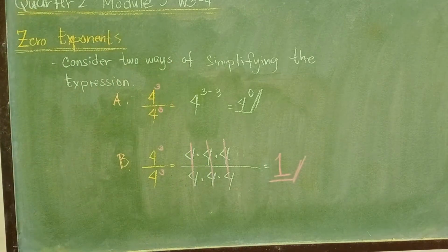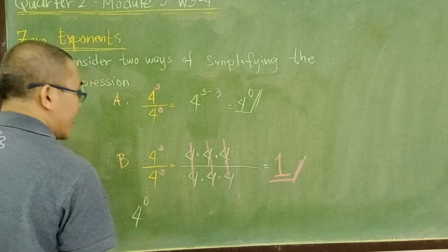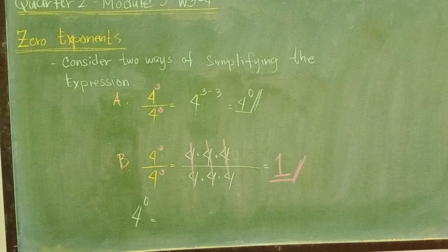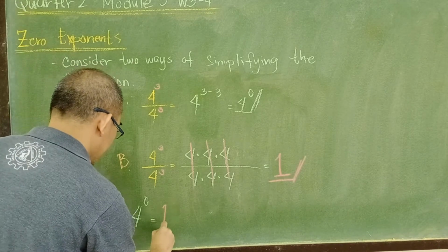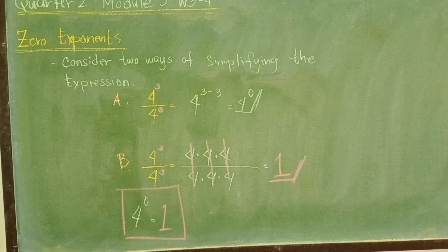Now if you would notice, yung letter A and B parehas yung solution, pero doon sa letter A, 4 is to 0 yung answer. Sa letter B, 1. So ibig sabihin, we can conclude that yung 4 is to 0 at saka yung 1 are equal.